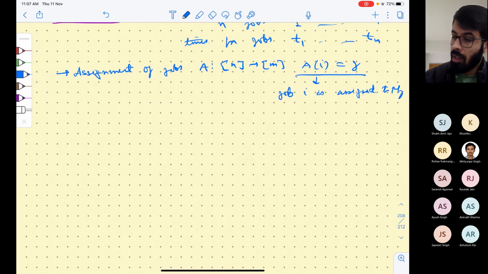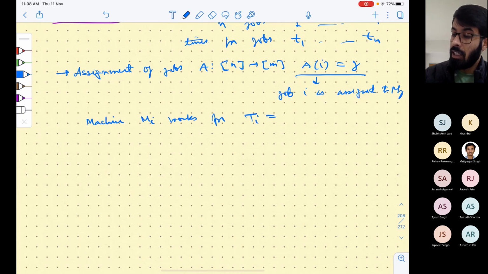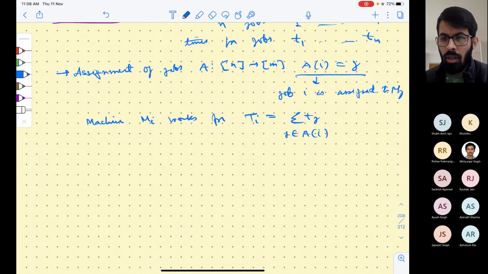If some jobs are assigned to a machine, then how much time does a machine work for? Let's say Ti is equal to summation of Tj such that j belongs to A(i). No, sorry, I did something wrong. A(i) is maybe the assignment of machines to jobs.